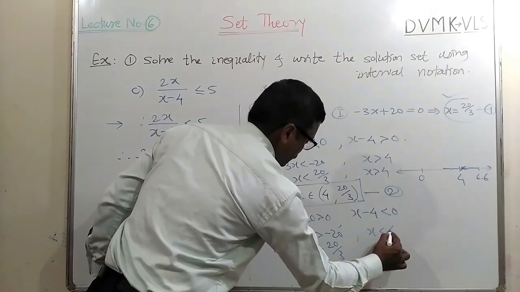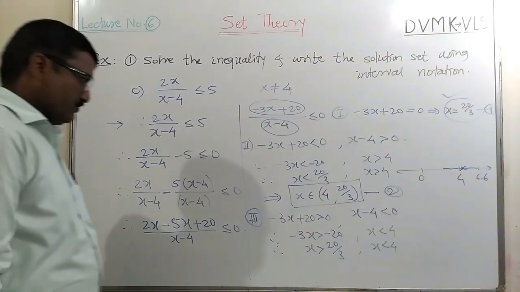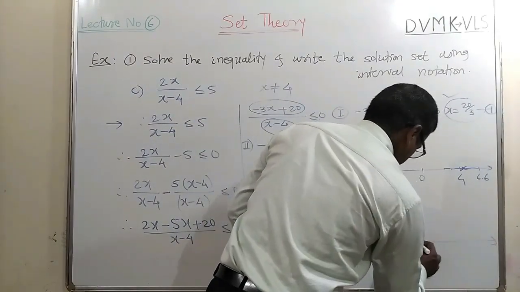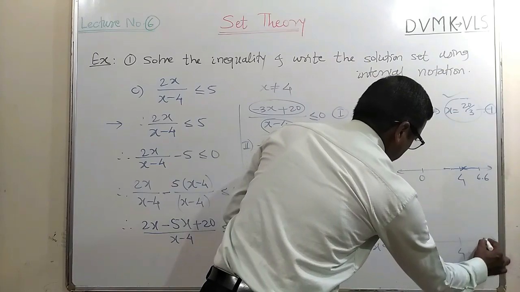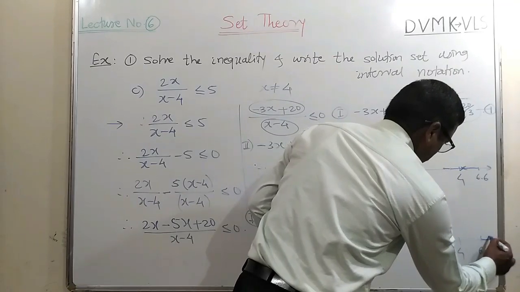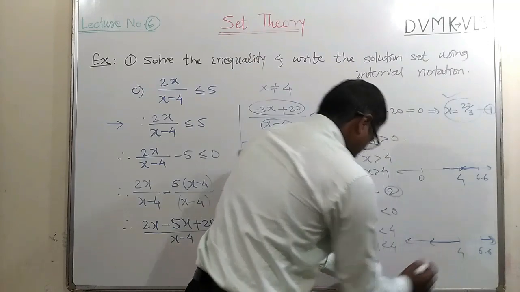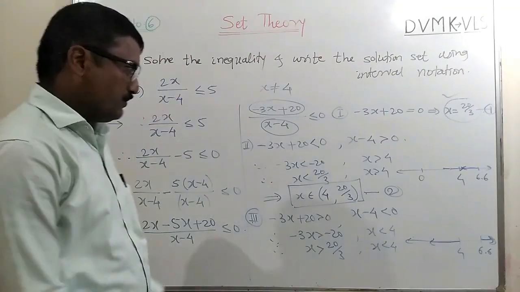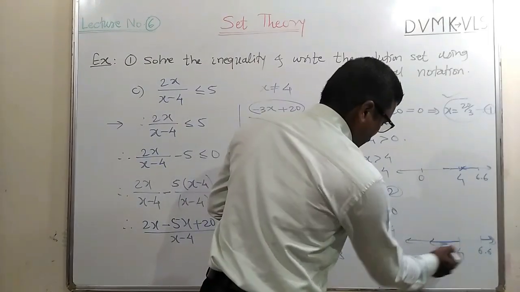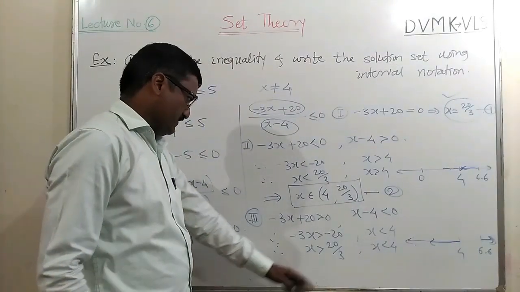This gives us x less than 4. If we write these inequalities on the number line, 4 is here, 6.6 is here. x less than 4 gives this set. The comma means both conditions should be satisfied by a single x. But it is not possible for a single x to satisfy this set and this set, so there is no solution in this case.